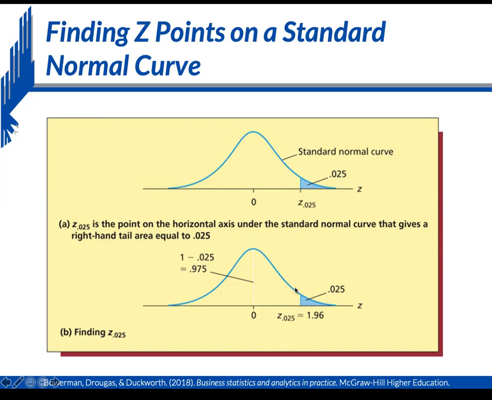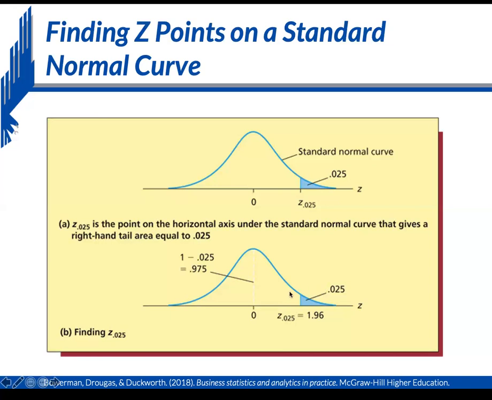So that's 1 minus 0.025, or 0.975. So we need to look for the value of the z-score so that its area to the left is 0.975 and its total area to the right is 0.025.